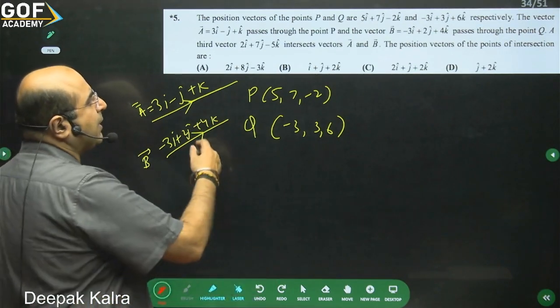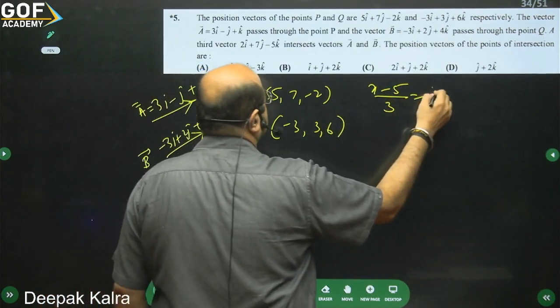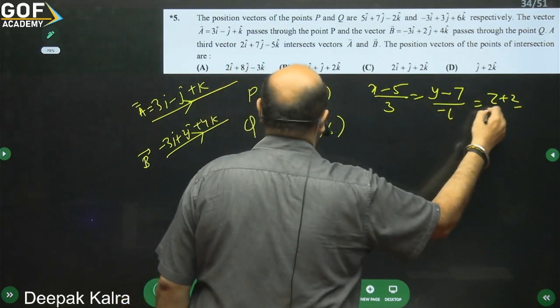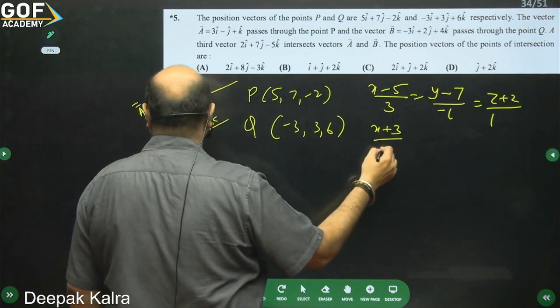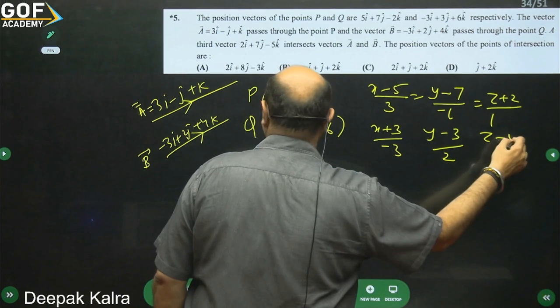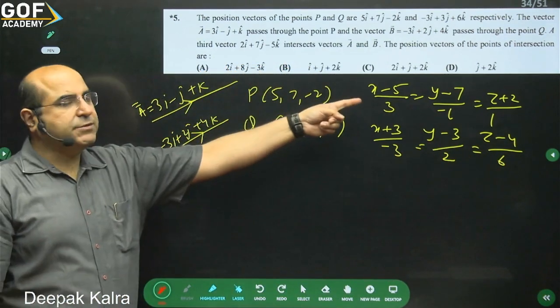So you get a line from this as x minus 5 over 3, y minus 7 over minus 1 and z plus 2 over 1. And you get the line from this: x plus 3 over minus 3, y minus 3 over 2 and z minus 4 over 6. These are the 2 lines in point-direction form that you made.